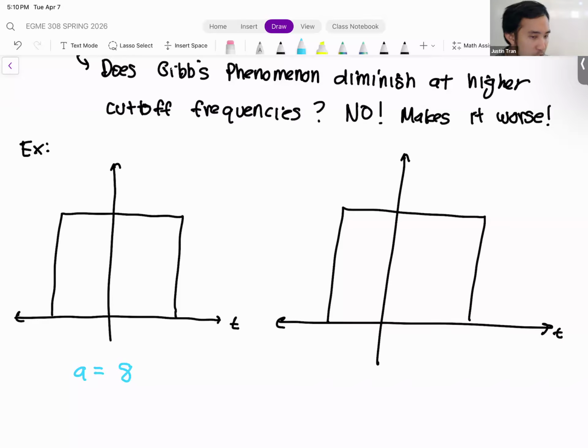Let's say we have a somewhat low cutoff frequency of 8. Now, in a graph like this, we are going to have Gibbs phenomenon, but with such a low cutoff frequency we're not going to expect a lot of accuracy, right?